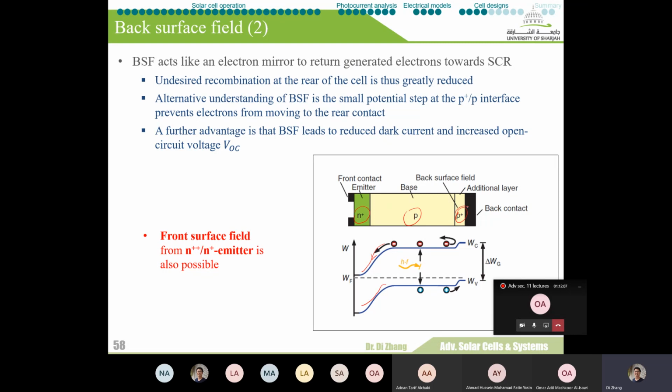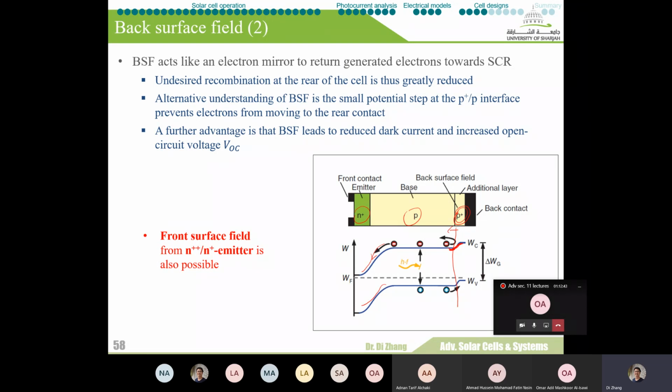Because here you have a higher doping density, you have more free holes. So initially you will have free holes diffusing from the p+ side to the p-type side, and then you can go through a similar derivation or discussion process as with the p-n junction. Then you'll realize that after inserting this p+ layer, it will introduce another small energy band bending near the backside.